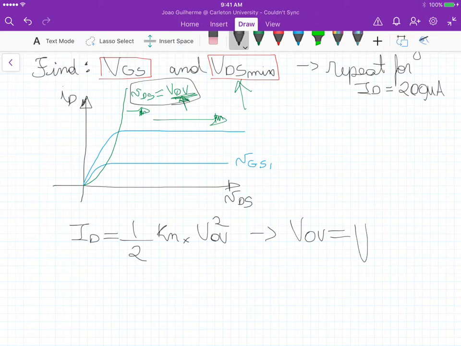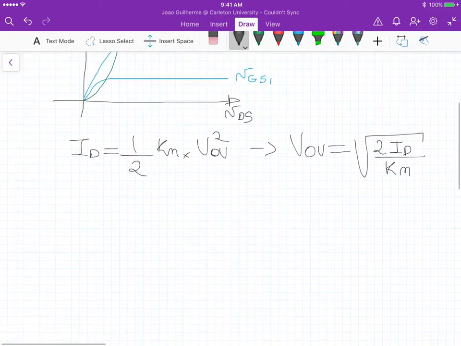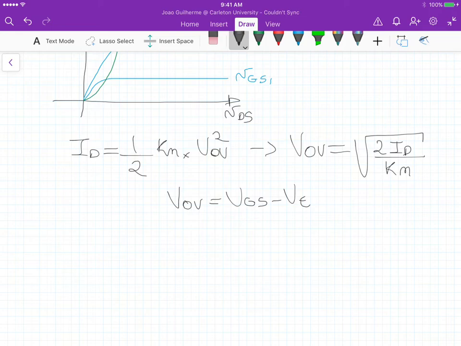So it's the square root of 2 times ID divided by the device transconductance. Okay, and we know that the overdrive voltage is actually VGS minus the threshold voltage.